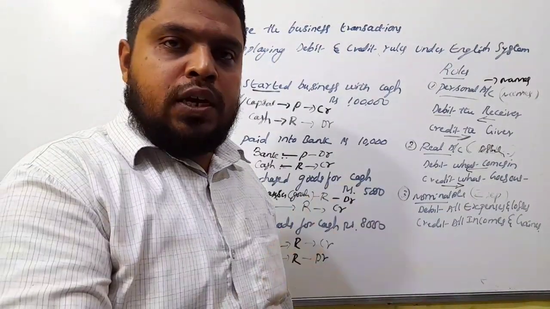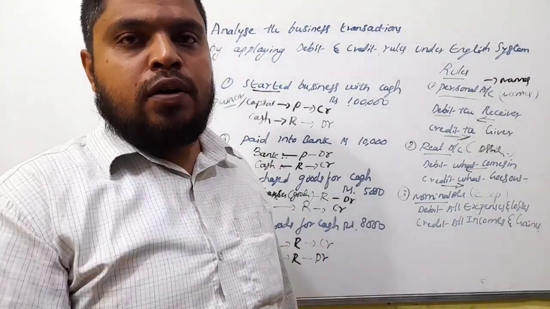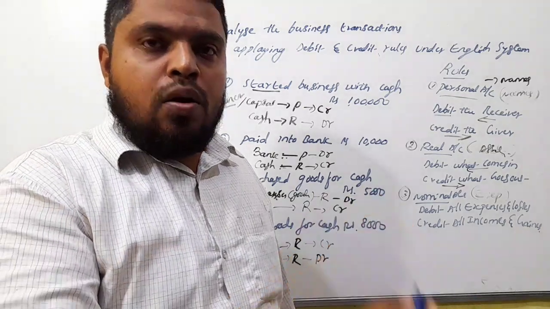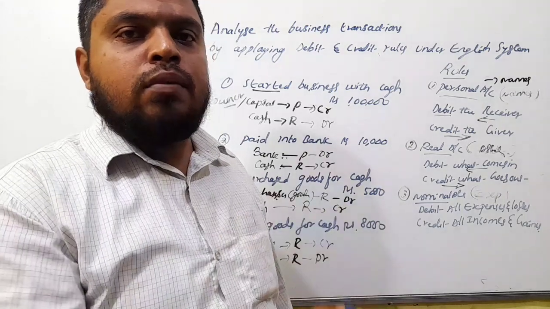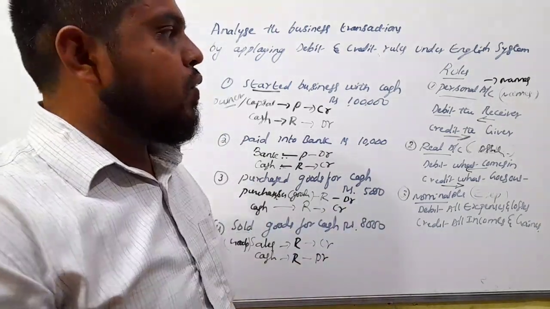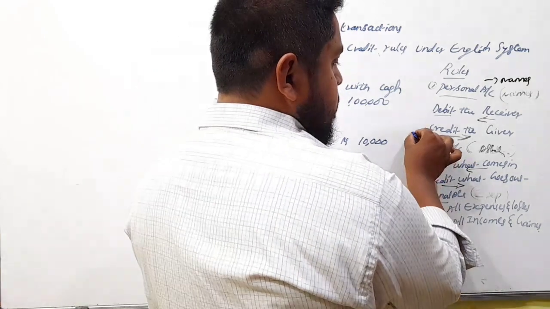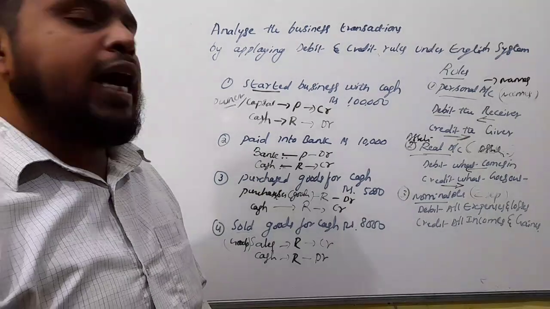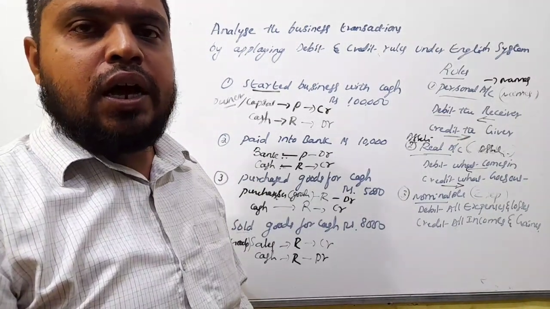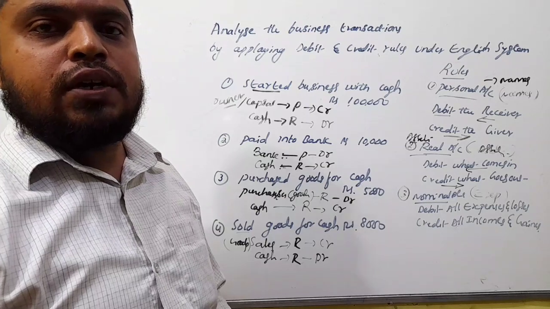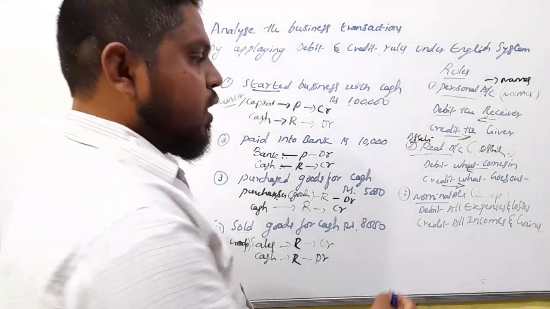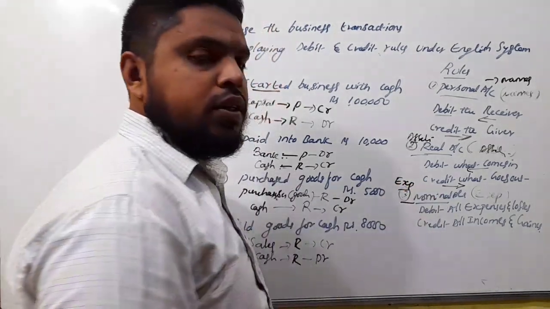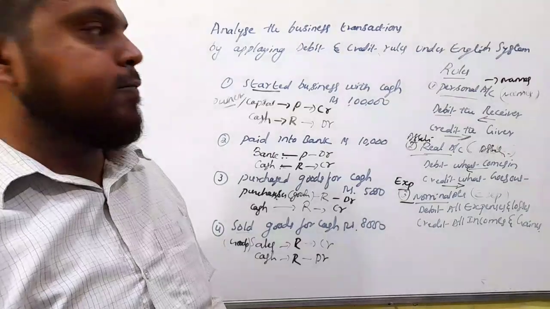Any name of the person, partnership firm, bank, organization, college, school, all come under a personal account. Real account is related to the assets, let it be tangible assets, intangible assets, current assets, fixed assets, all come under a real account. Next, nominal account is related to the expenses, losses and incomes and gains.